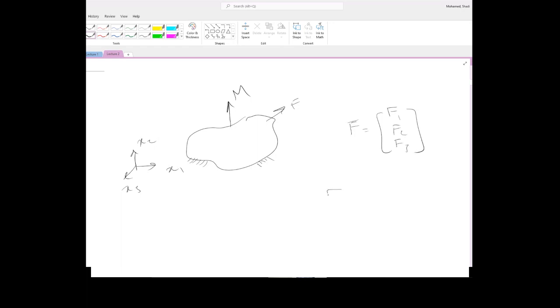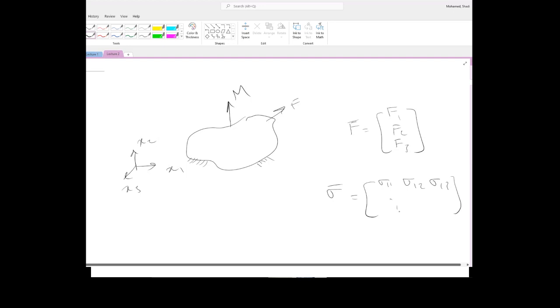And let us assume that you have some stress also, some stress tensor, sigma 1,1, sigma 1,2, sigma 1,3, and so on. Now you want to transform between one coordinate system and another coordinate system. I'm going to call it x1 bar, x2 bar, and x3 bar. Let us just assume that this is the case.